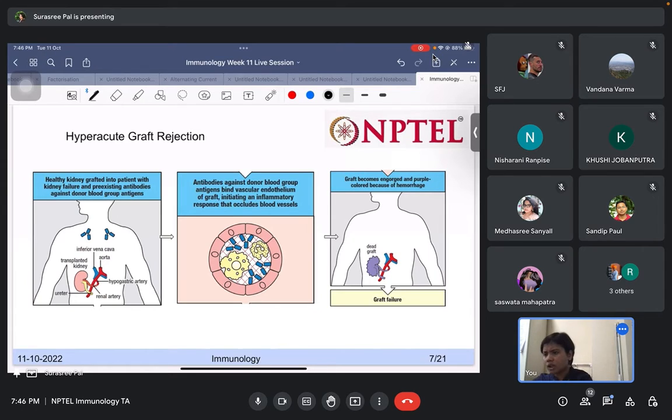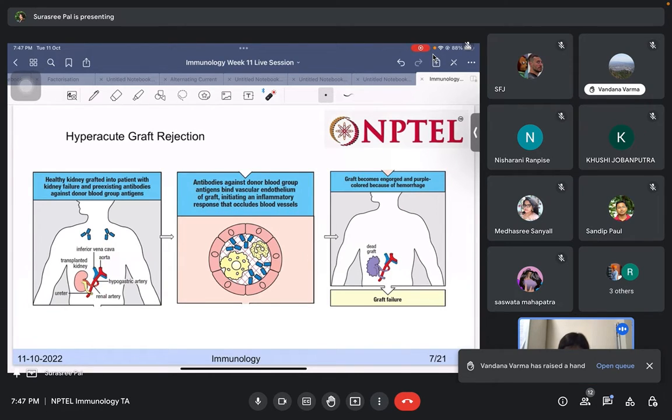Here you can see a healthy kidney grafted into a patient with kidney failure, but there are pre-existing antibodies against donor blood group antigens in the recipient, right? These antibodies bind to the vascular endothelium of the graft and initiate an inflammatory response. This inflammatory response occludes the blood vessels, and the graft becomes purple colored and hemorrhage begins, which ultimately leads to the rejection of the graft.